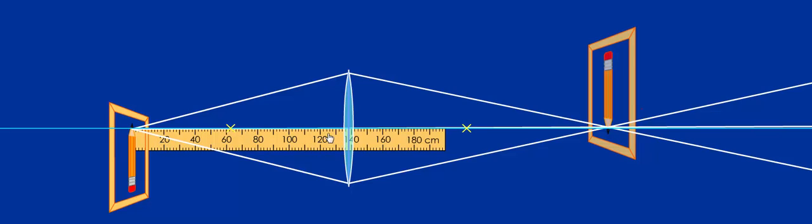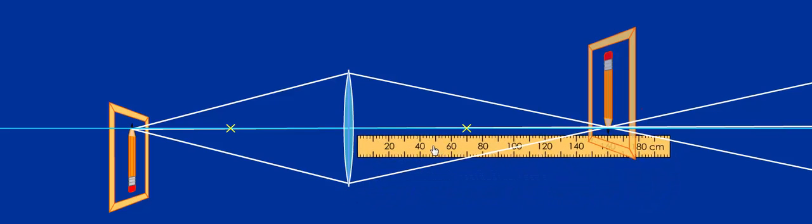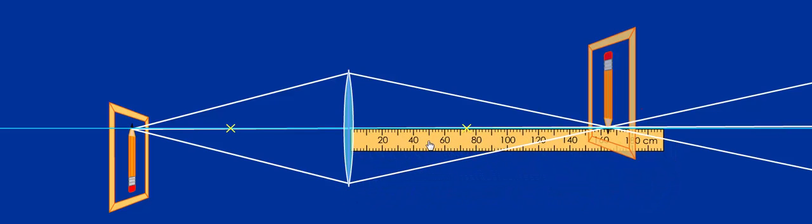So this is the new object distance. That is the third trial. All right, let me move the ruler out and measure the corresponding v value, the image distance value.